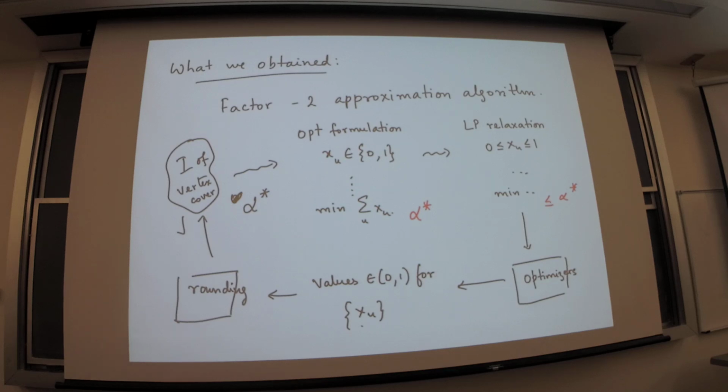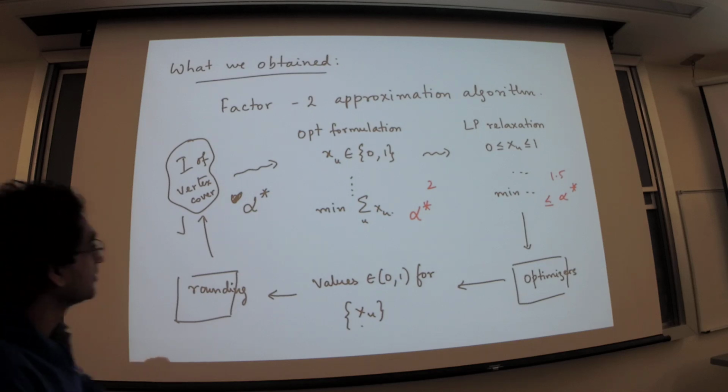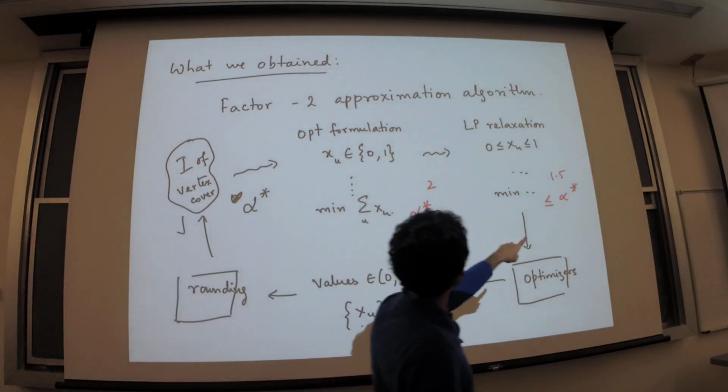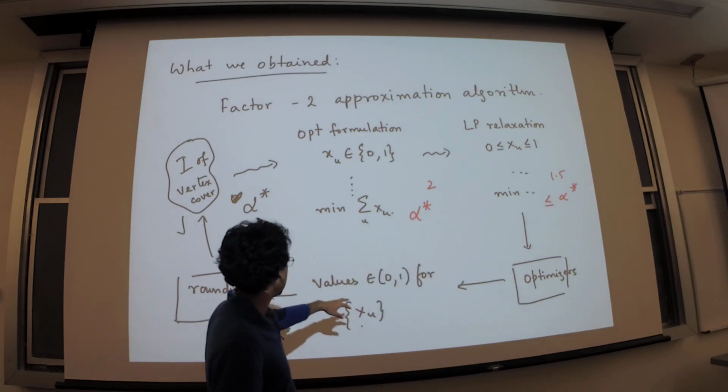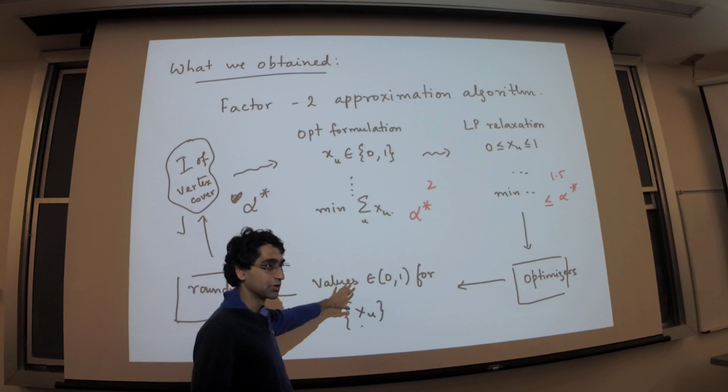If you remember in this triangle example, this alpha star was 2 and this was 1.5. So there it strictly dropped in the triangle example. In general, it may or may not drop. So this one is less than or equal to alpha star. The optimizer will find the best values.